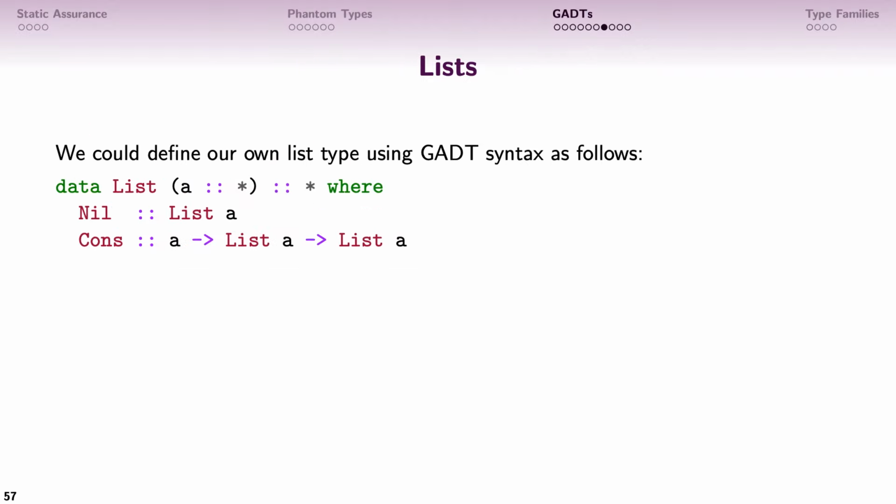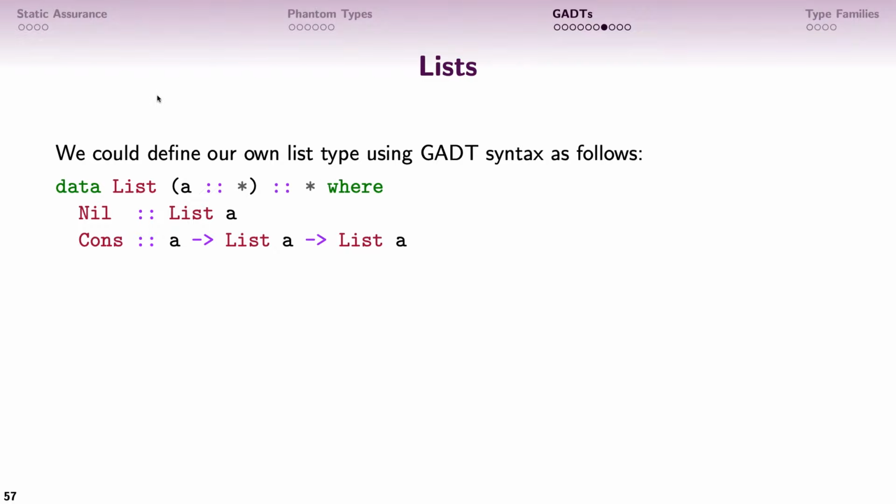We have lists here. This is our own list type. It's just the same as our regular normal list type, except I've written it with GADT syntax. So what it says is list takes in a parameter A of kind star, and it returns a star.